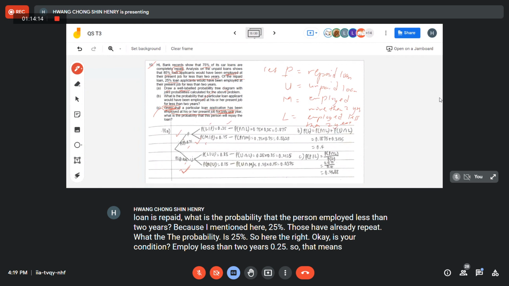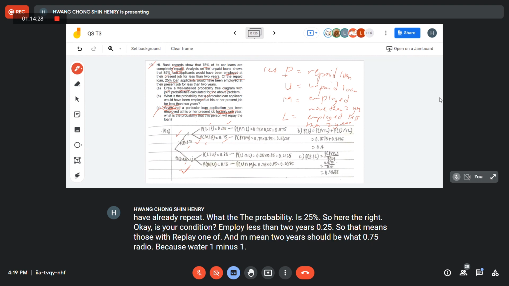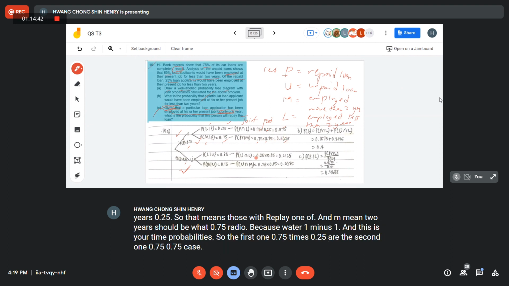So that means for the repaid ones, M, employed more than 2 years, should be 0.75, because the total is 1 minus 0.25. And this is your joint probabilities. So the first one is 0.75 times 0.25. The second one is 0.75 times 0.75.